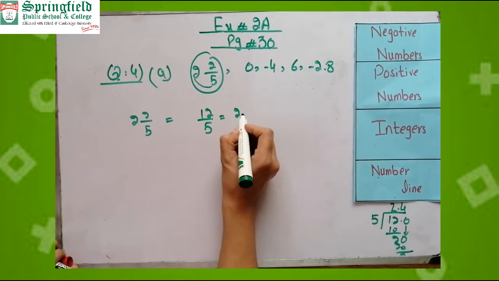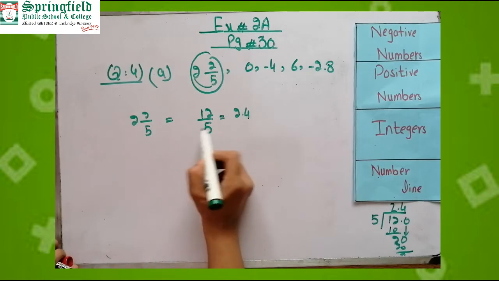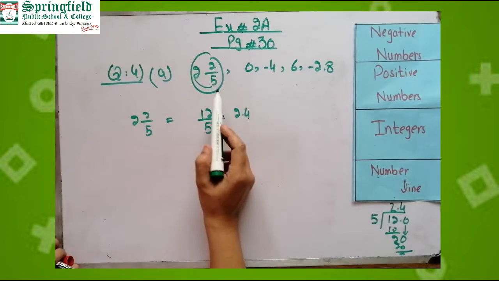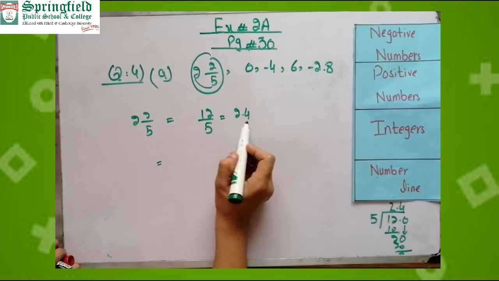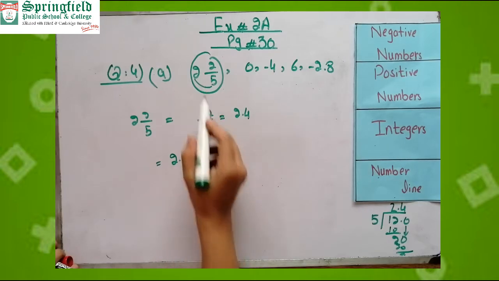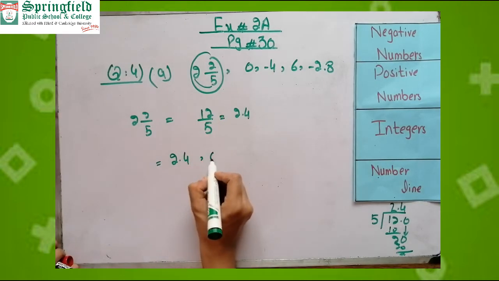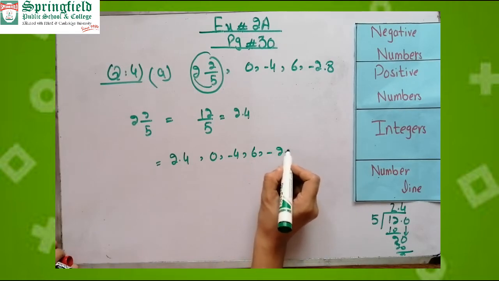It means 2.4 is the answer by solving 2 whole 2 by 5. So we can write 2.4 in the place of 2 whole 2 by 5. 0, minus 4, 6, minus 2 by 8.